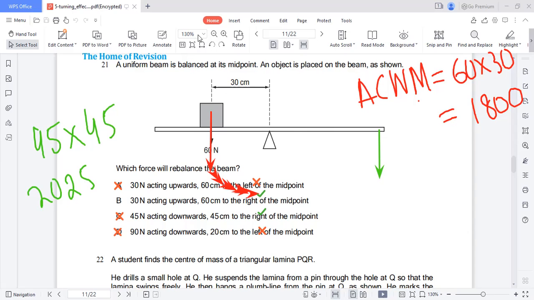Okay, now the next one is 30 Newton force, and oh, one more thing is required, which is about downward force.